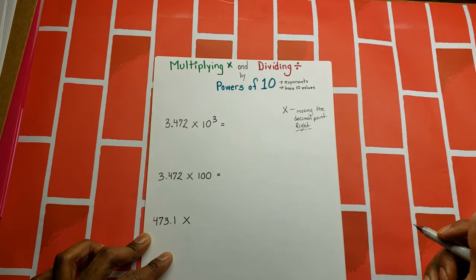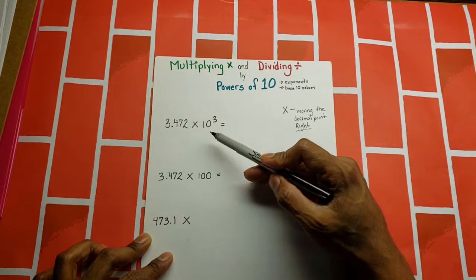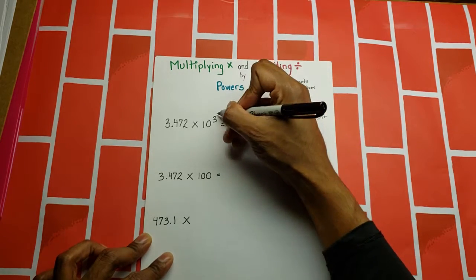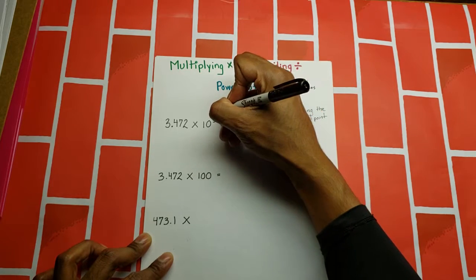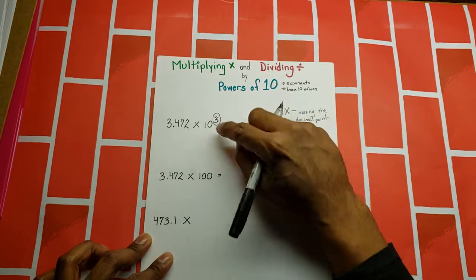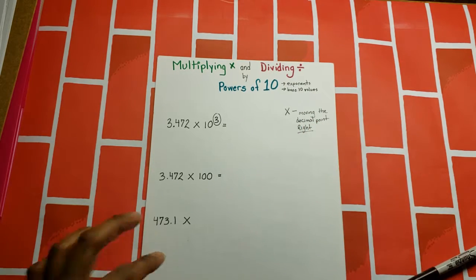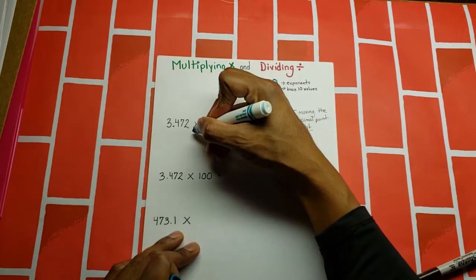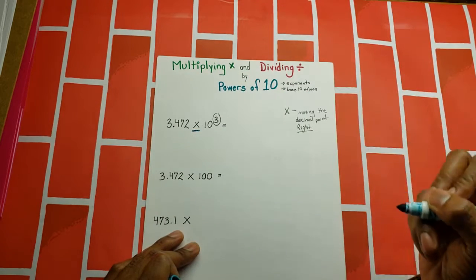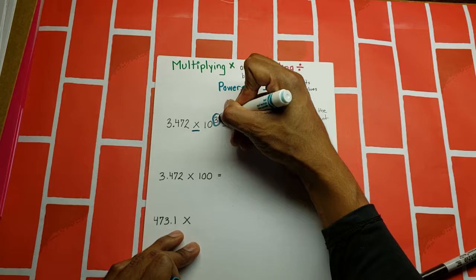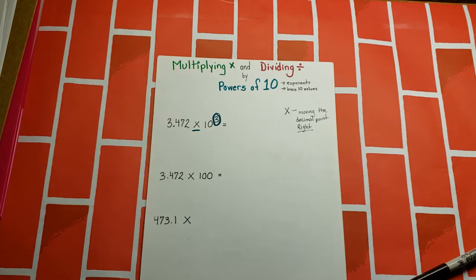And that's very important. Here, it's 10 to the third. The exponent will tell me how many place values I will be shifting to the right. So again, the two key things are the operation and the exponent. So let's try this out.